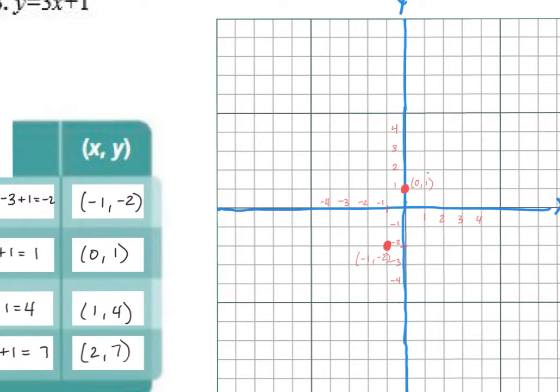Where is 1, 4, Roy? 1 right up 4. Beautiful. Right up here. Awesome. And let me get a zoomer to tell me where 2, 7 is. Any zoomer, I'm going to pick you.